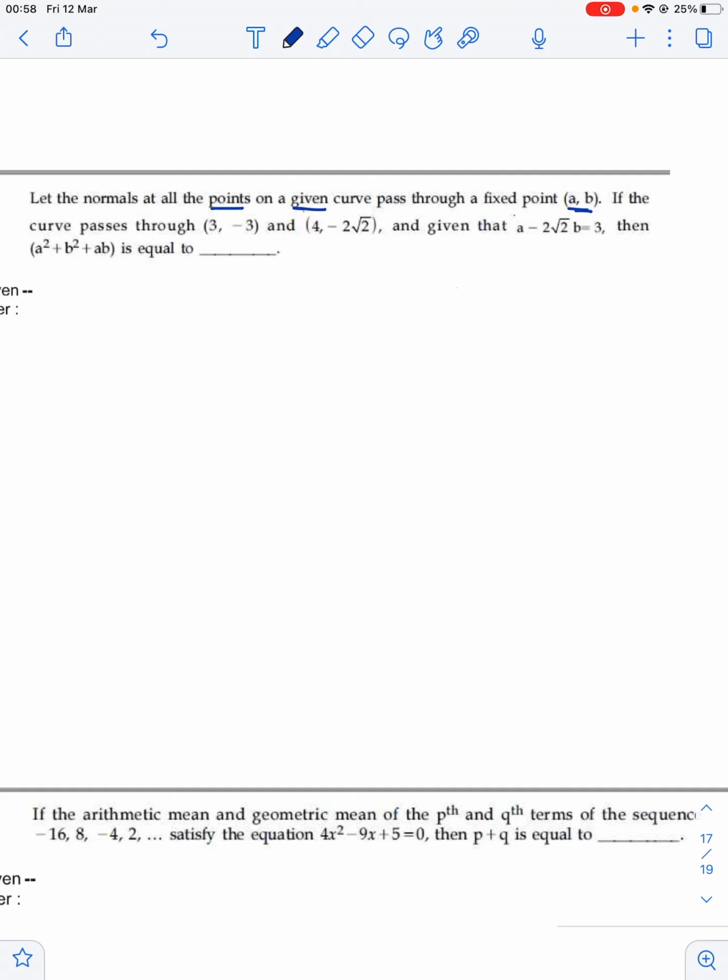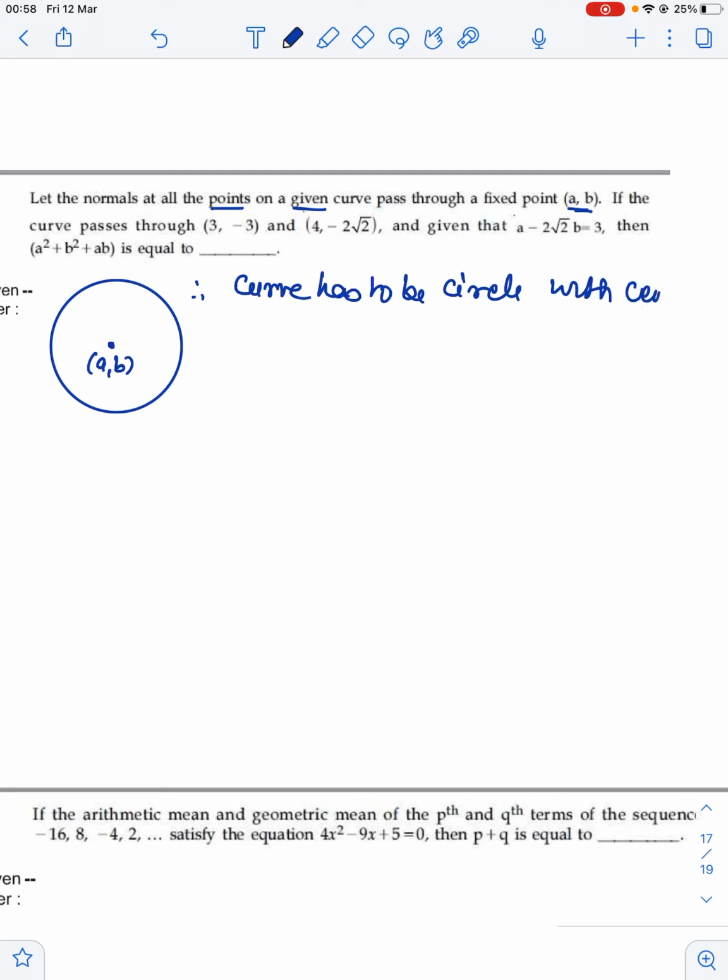So this curve has to be a circle, and a comma b has to be the center. So the curve has to be a circle with center a comma b. Now if the curve passes through these 2 points and given this, then find this value.